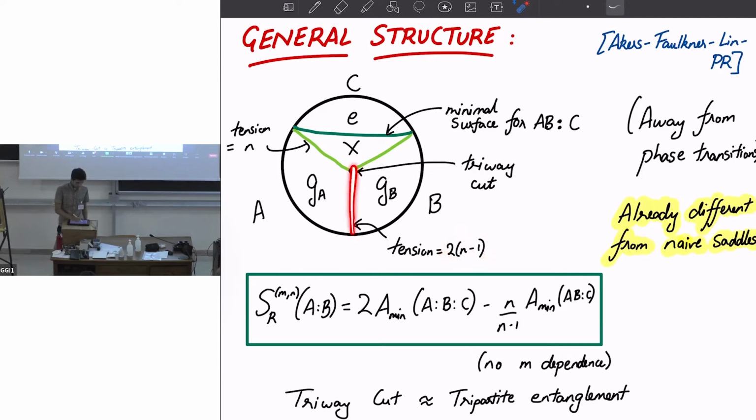And so this just becomes like a probe, whereas these have some finite tension. And so essentially what happens is that this tri-way cut gets pulled towards the minimal surface, and you end up again with the answer that's twice the cross section. So this is a more rigorous way in which you can show that the reflected entropy really is twice the cross section.